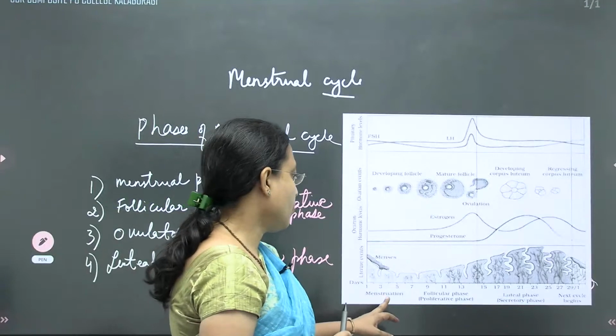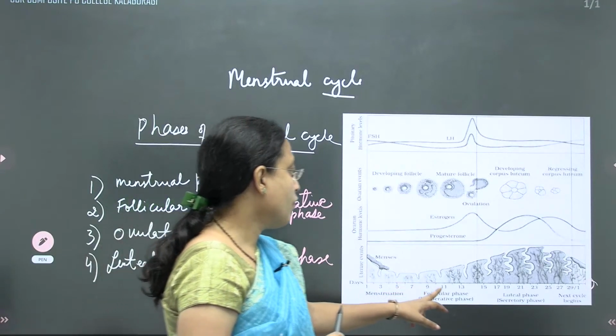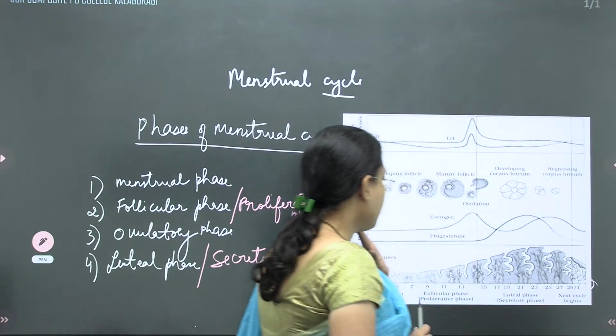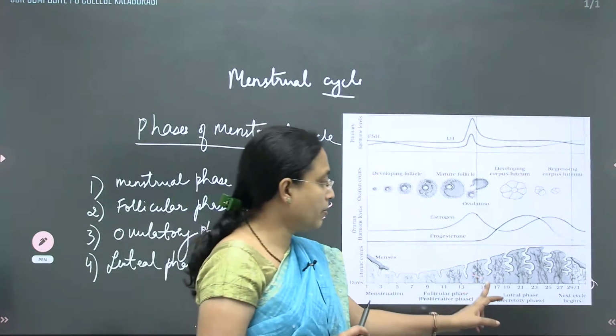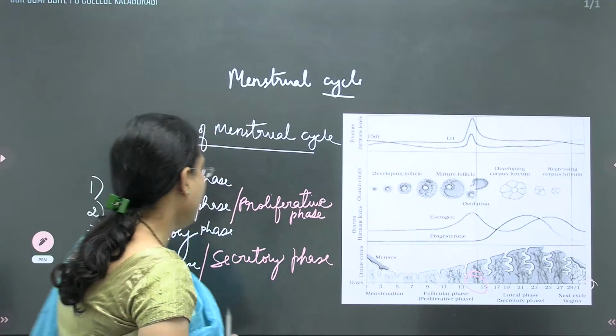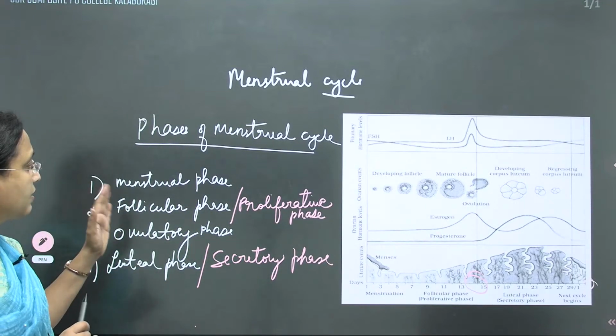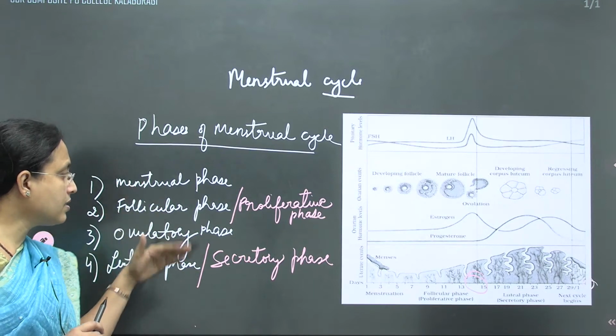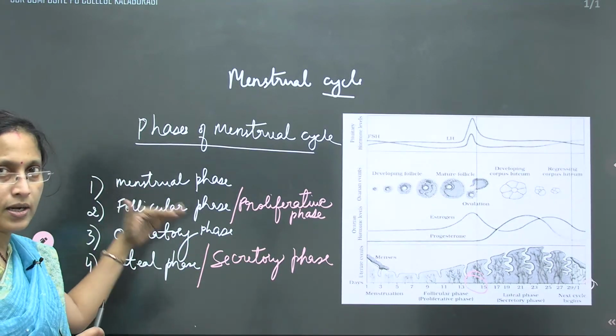Menstruation or menstrual phase, follicular phase, luteal phase. What comes in between, in the middle, will be the ovulatory phase. When the menstrual cycle repeats, these phases also get repeated.